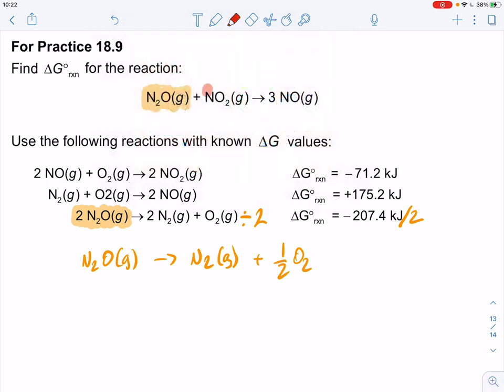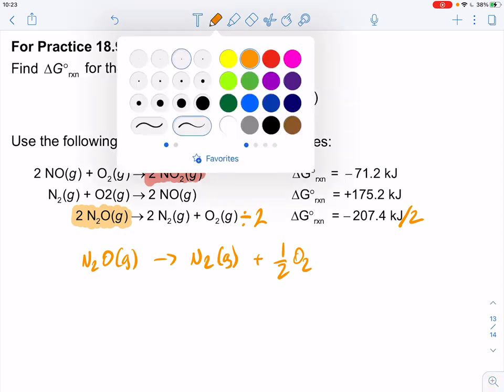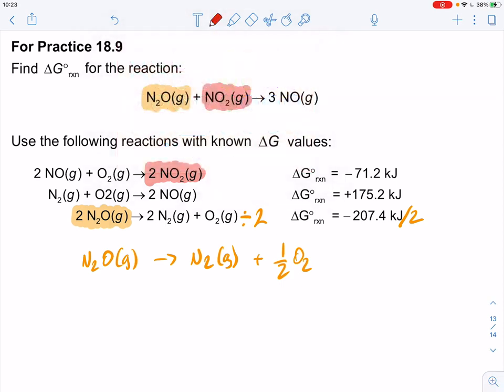Next step, we are looking for nitrogen dioxide. And the reaction that gives you nitrogen dioxide is this one. You need 1 mole as a reactant. This reaction is giving you 2 moles of nitrogen dioxide as a product. So we have to divide by 2 and we have to invert. Why? Because you need a reactant and this reaction is giving you a product.